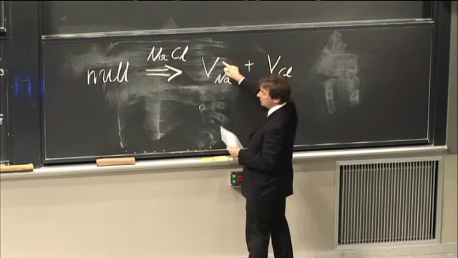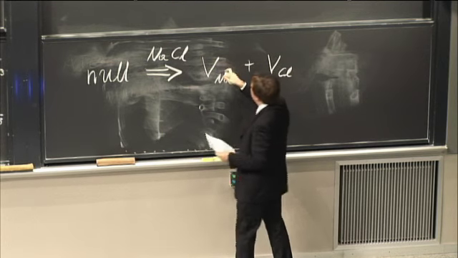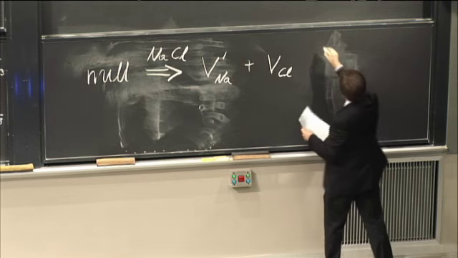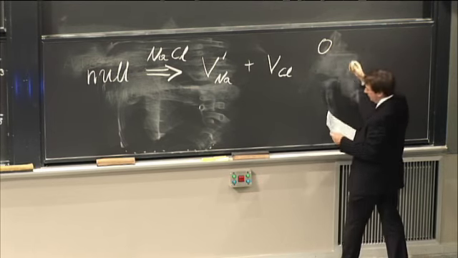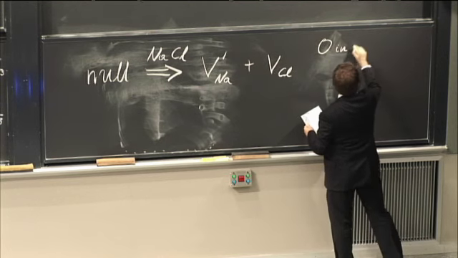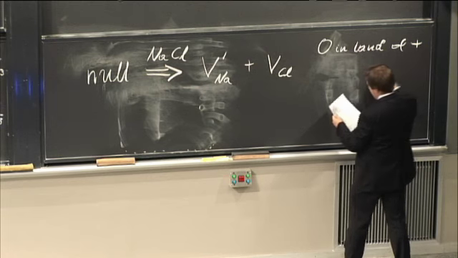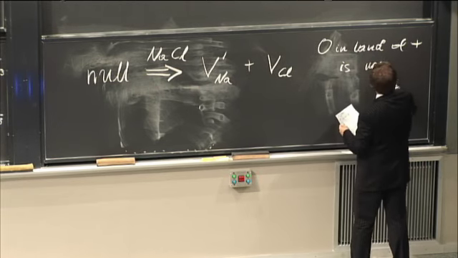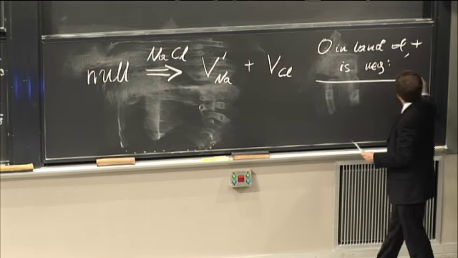So the effective charge of this vacancy is going to be negative. And we mark that with this little thing right there. So void, or nothing, in land of plus is negative. And we mark that with one of these apostrophes.